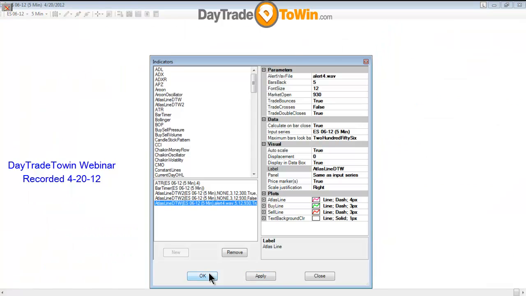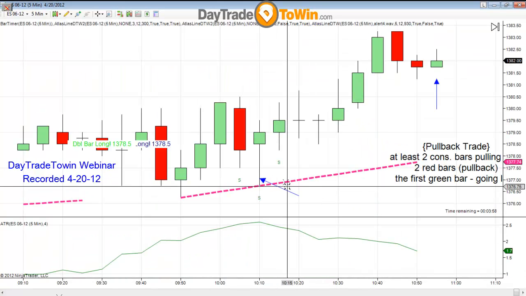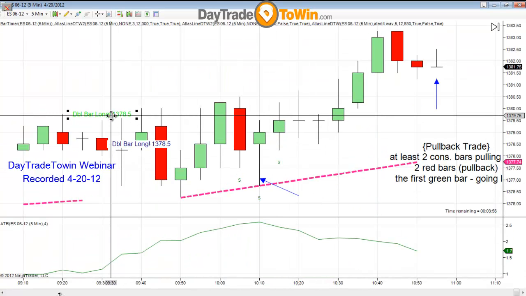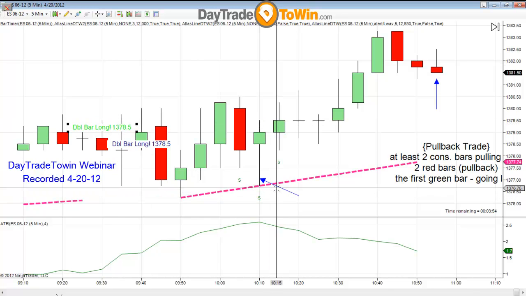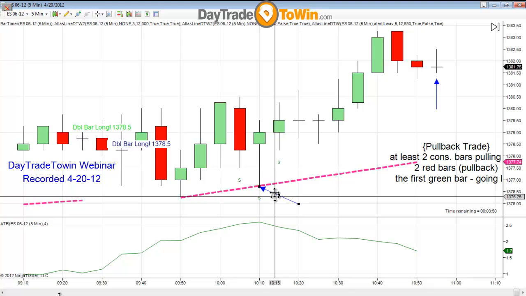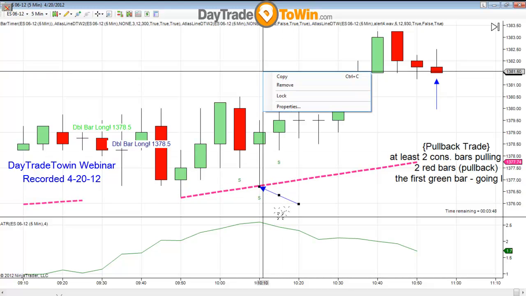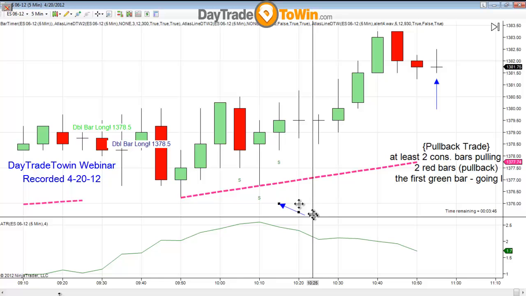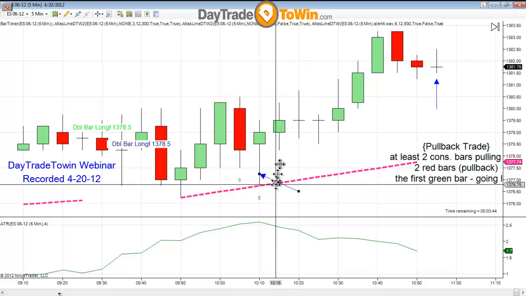Let's see. Yeah, there it is. This is a bounce trade right here. It should be turned on, because it's bouncing off the Atlas Line. I'm not sure why it's not on, but this is a bounce trade.